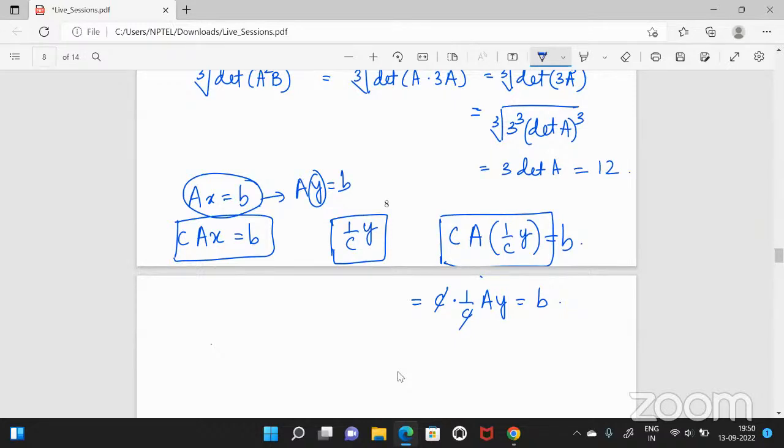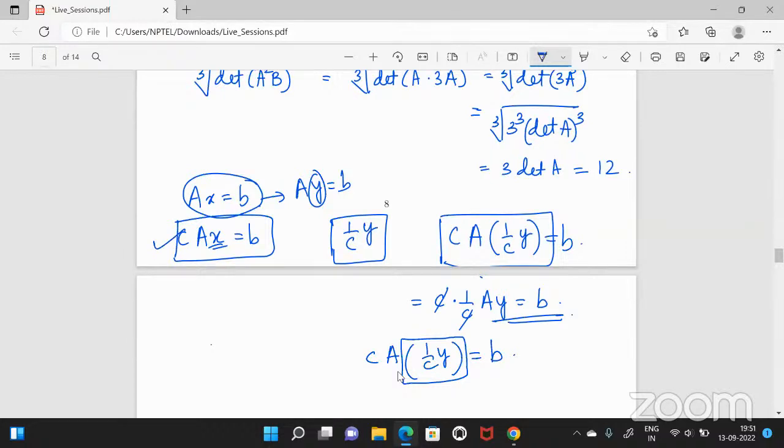I am using that AY is equal to B here. And then I am getting CA of 1 by C times Y is equal to B. So this is my solution, right? Yes. Because in the place of X, I have put that. So I have found the solution to this system.